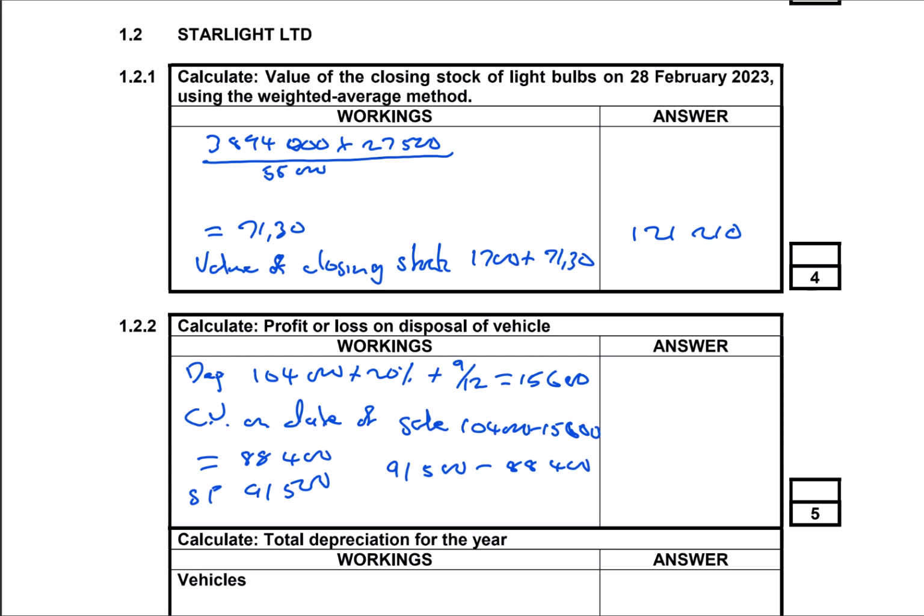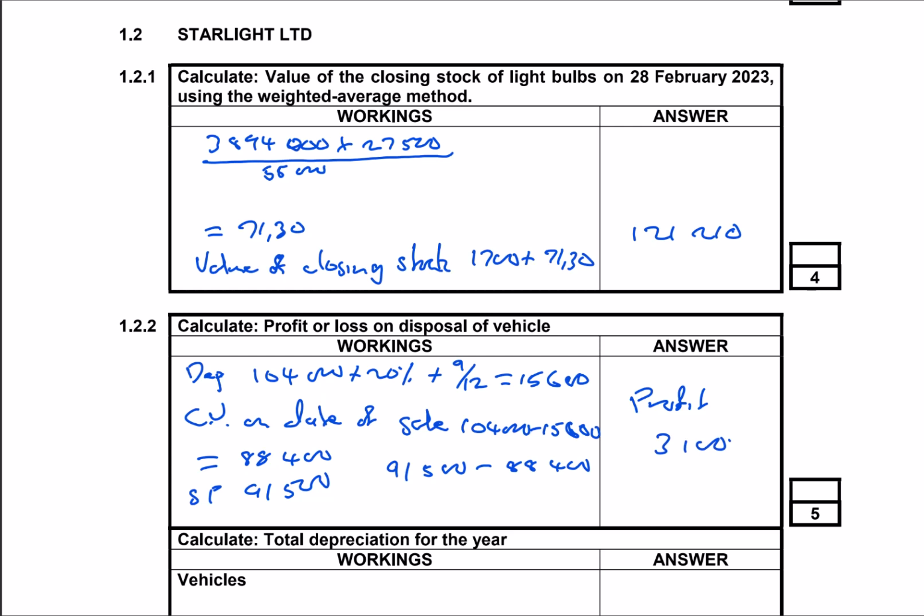So you made a profit of 3,100. And that was the profit that was made.